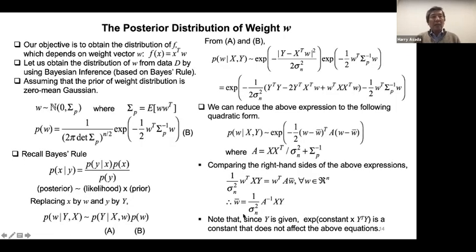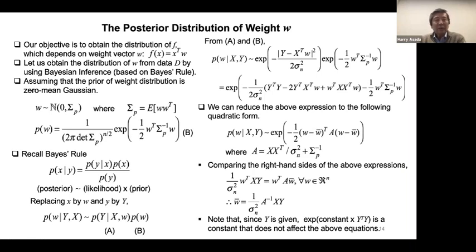Our objective is to obtain the distribution of the function f, which depends on the weight vector W. We look at only the first half, but our main objective is to characterize the random process f, and that is basically done with regression in this simpler case.